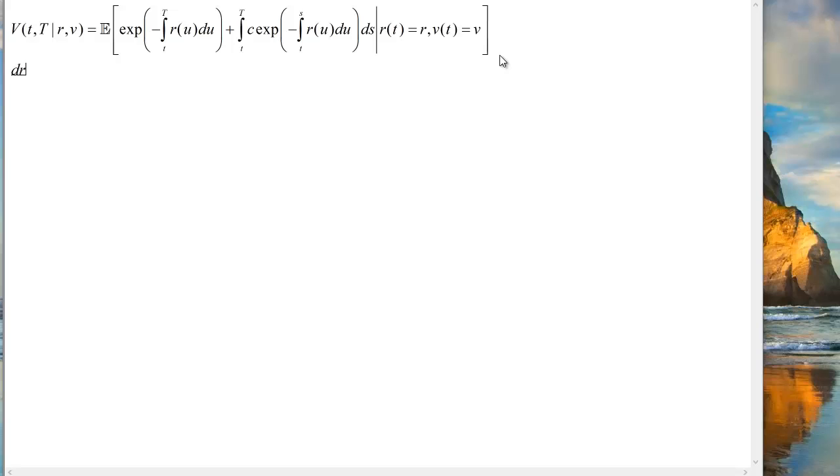So dr, that's the Vasicek dynamics, will be subject to the following dynamics: kappa 1 times theta 1 minus r_t dt, plus, and now we have the square root of the variance, times dW1_t.